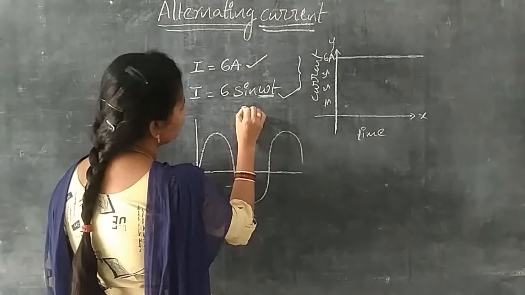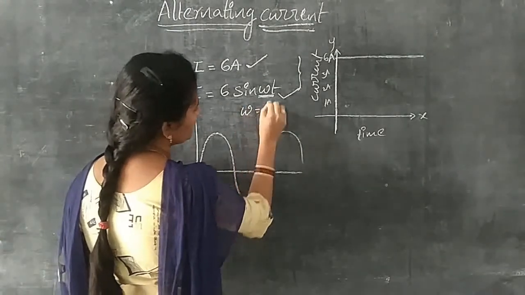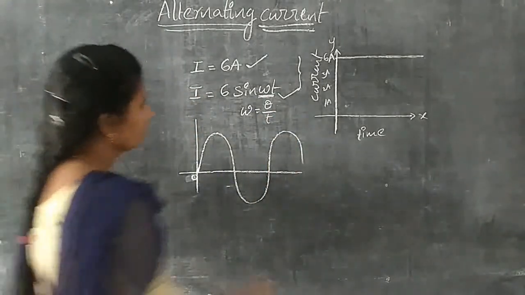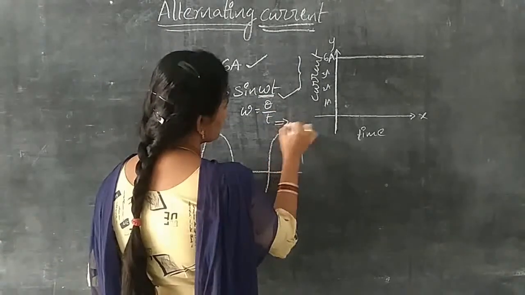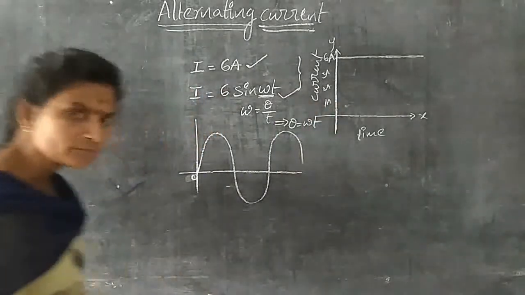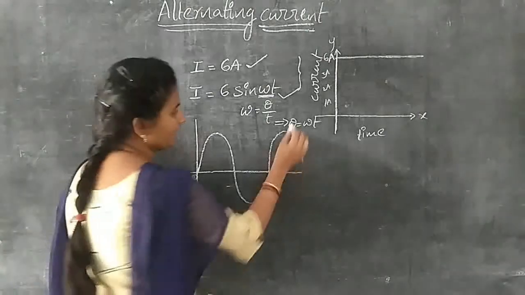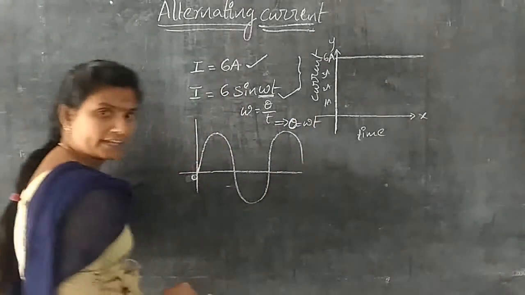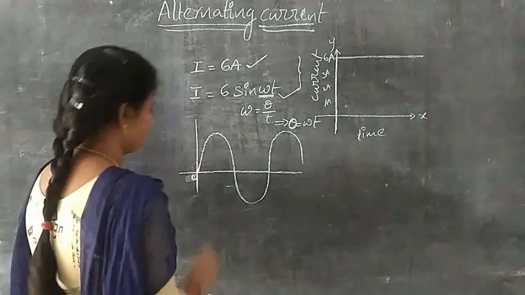From that we know the relation omega is equal to angular displacement by time. From that theta is equal to omega into t. So here theta is nothing but angular displacement.